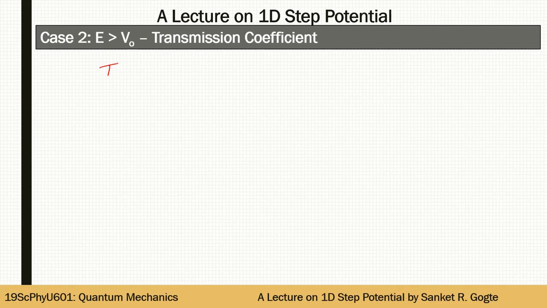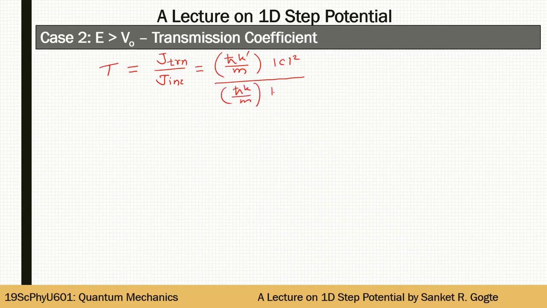We'll denote it by T, which is the probability that the particle is transmitted through the barrier, which classically should be equal to 1. Let's see what we get quantum mechanically. So this transmission T should be the ratio of J transmitted divided by J incident, and this is now h cross k prime divided by m into mod C square, divided by h cross k by m into mod A square.